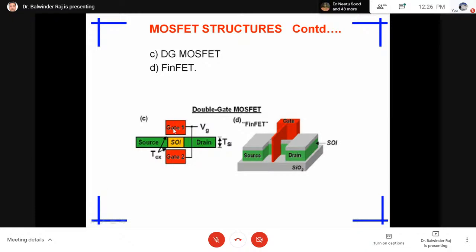This device can be used as a symmetrical double gate MOSFET or asymmetrical. When we say symmetrical gate structure, the front gate and back gate both have the same oxide material, silicon dioxide, and the same thickness, 1 nanometer and 1 nanometer, or 1.2 nanometer and 1.2 nanometer.